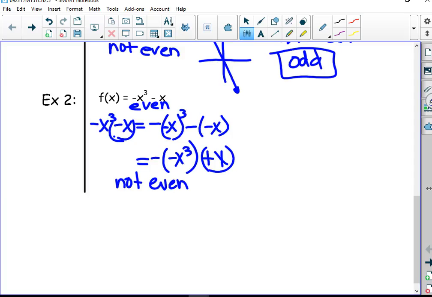Okay, it will pass the odd test though. So let's do the same thing. I'm going to put in a negative x on the left-hand side everywhere I've got an x. And on the right-hand side, I'm going to put a negative in front of the whole function.